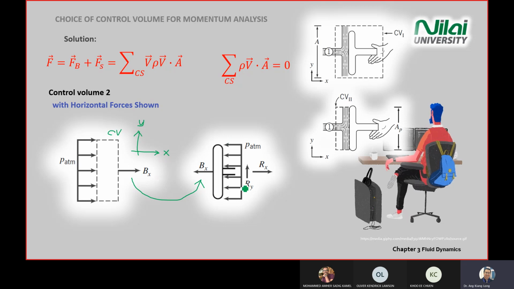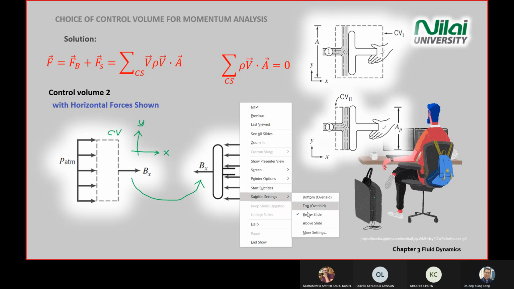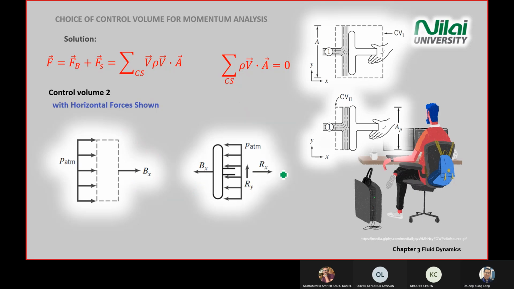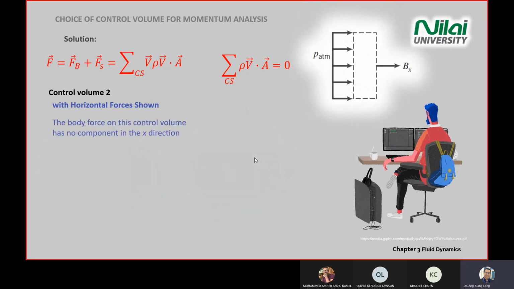And then you'll feel the atmospheric pressure on the right hand side of the plate also. And you'll have a reaction force for both Rx and Ry. So you need to draw these two free body diagrams for the second control volume. Then we solve using the diagram.